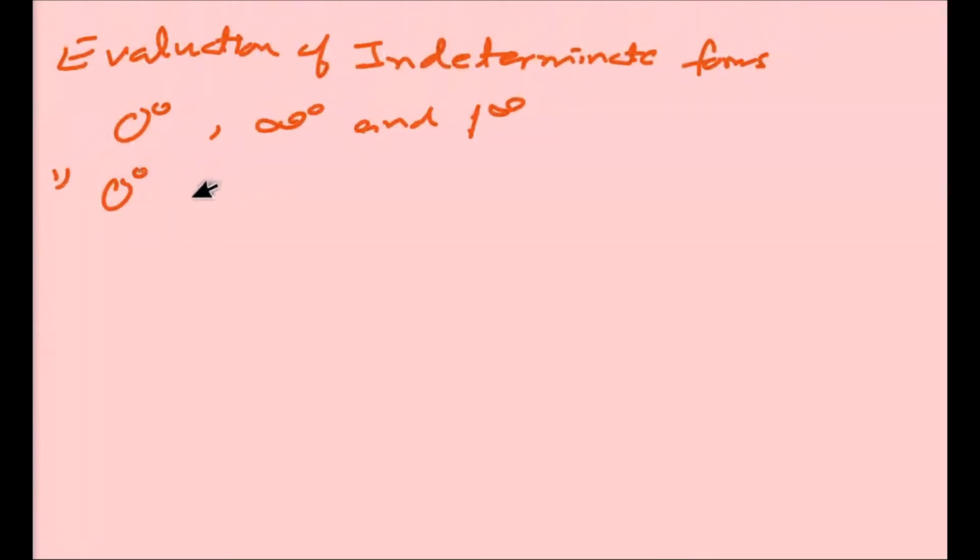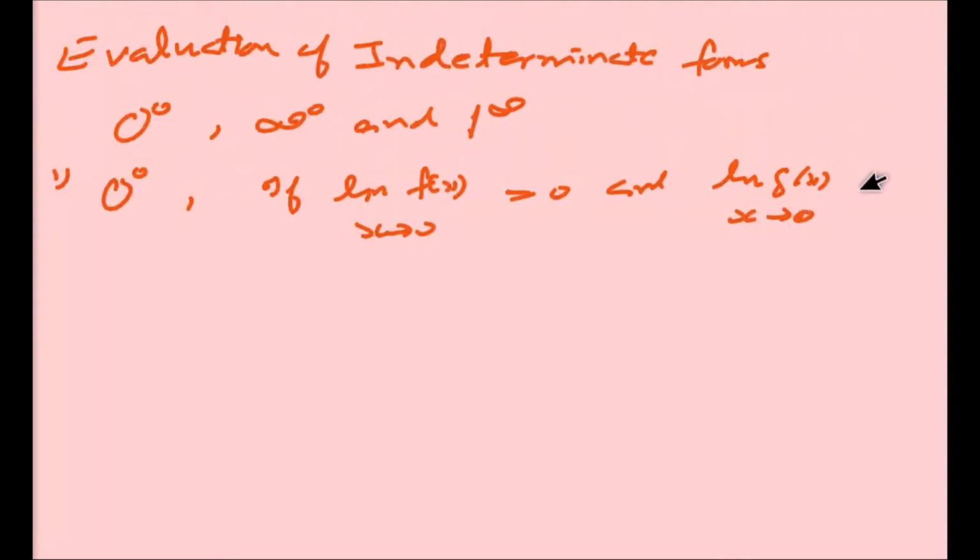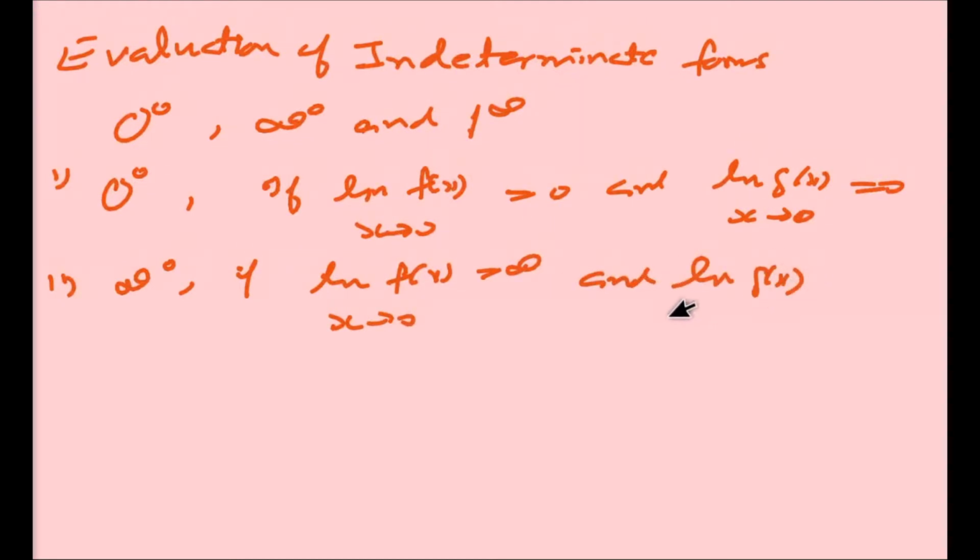First, 0 to the power 0. If limit of f(x), x tends towards 0, is 0, and limit of g(x), x tends towards 0, is 0. Second, infinite to the power 0, if limit of f(x) equals infinite and limit of g(x), x tends towards 0, is 0.